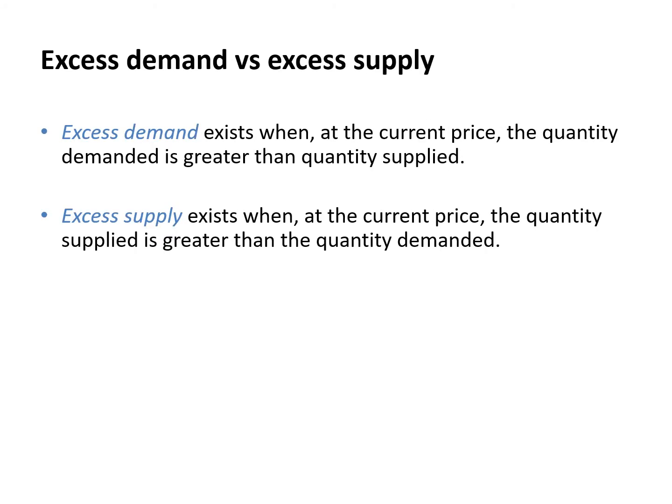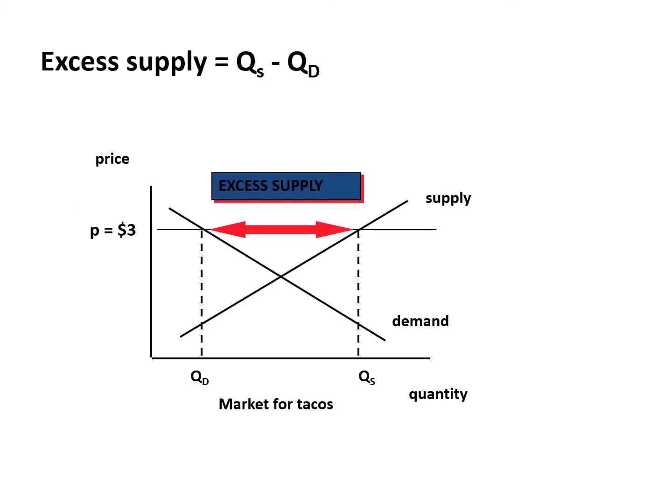Excess demand versus excess supply. Excess demand exists when, at the current price, the quantity demanded is greater than the quantity supplied. When the quantity demanded is greater than the quantity supplied, we call it excess demand. Excess supply exists when, at the current price, the quantity supplied is greater than the quantity demanded. So when we have excess supply, how do we calculate it?